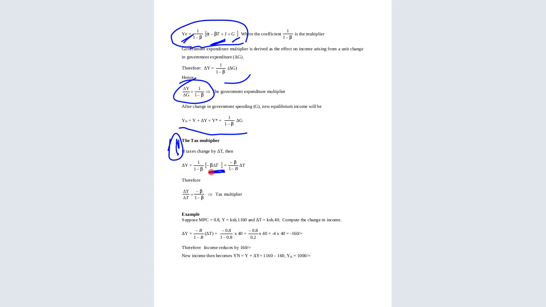Hope you can see what I mean. Then our multiplier, the change in y over the change in t, is simply negative beta over 1 minus beta. This is the tax multiplier.